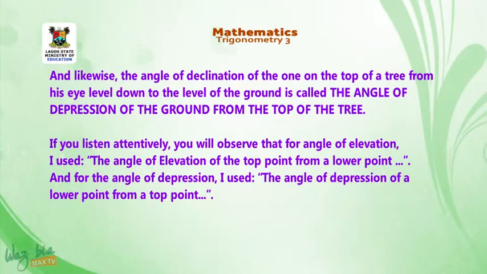If you listen attentively, you will observe that for the angle of elevation, I used the angle of elevation of the top point from a lower point. And for the angle of depression, I used the angle of depression of a lower point from a top point.